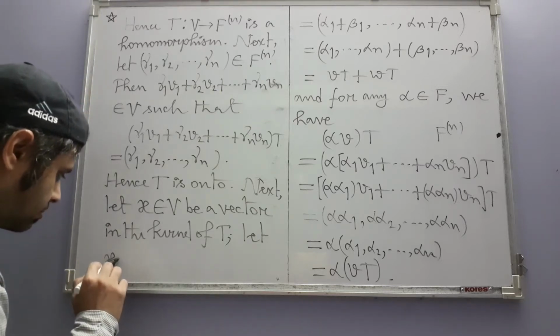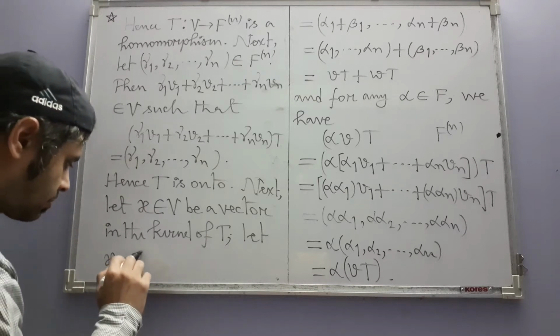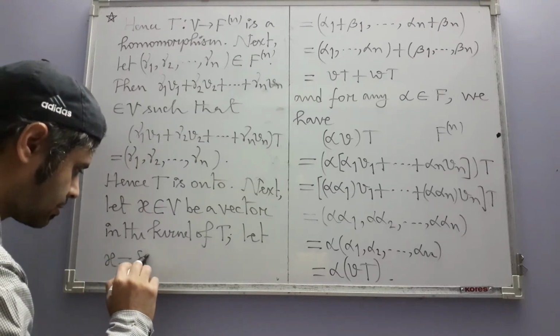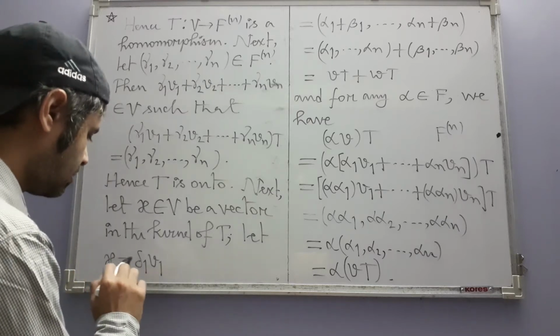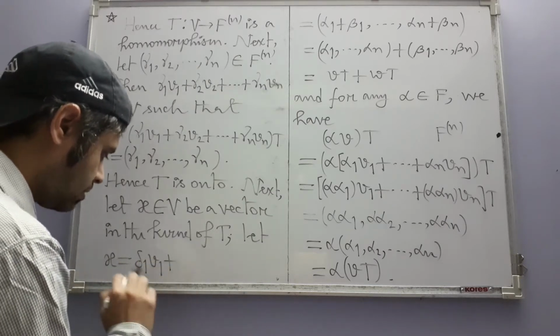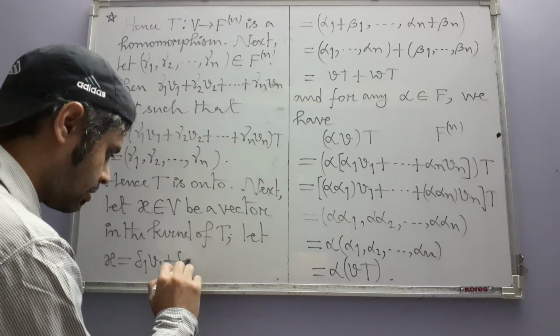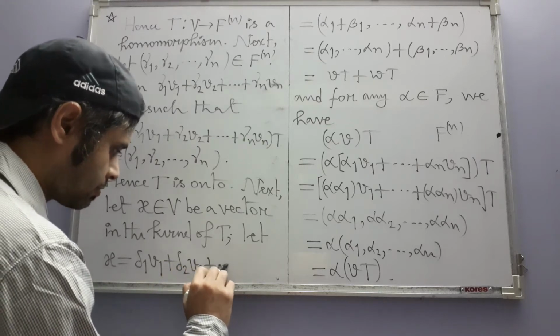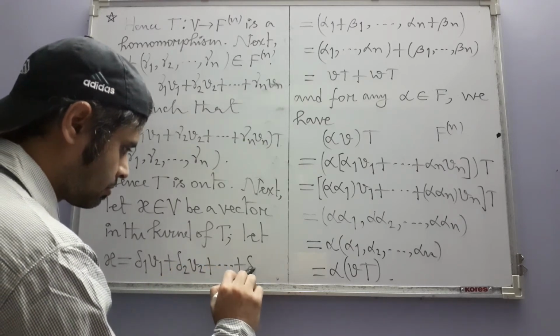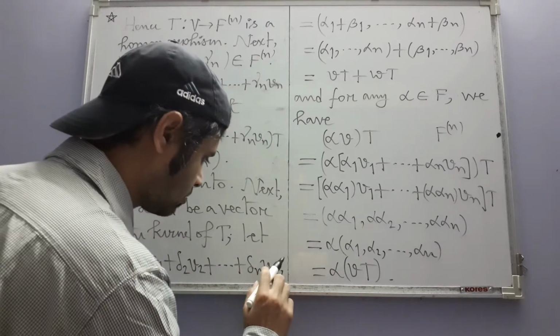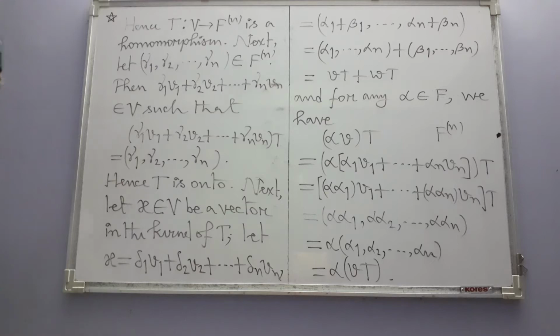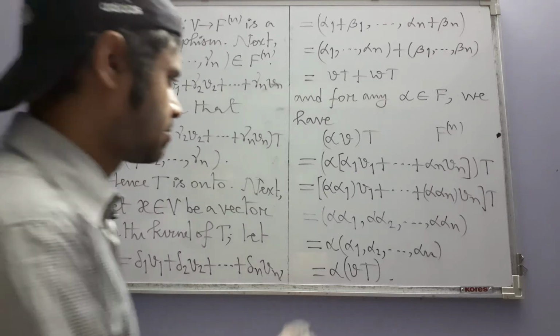So, this is one such expression. There will be exactly one, but this is the one. Delta 1 v1 plus delta 2 v2 etc. plus delta n vn, where these deltas are scalars.